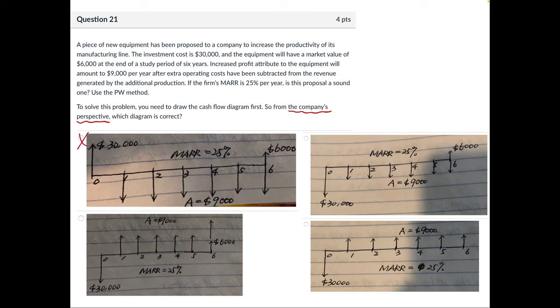So this is going to be wrong, and you're going to choose from the next 3. Every year you're going to receive 9,000 as your profit, so it's 9,000 going upward. And don't forget about the 6,000 market value, which is also positive. So this one is going to be the right answer.